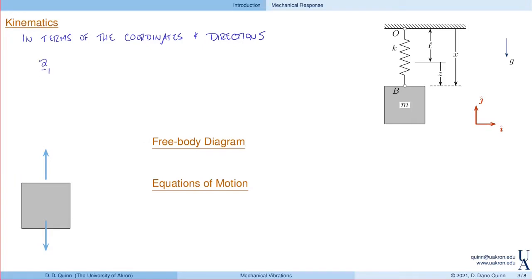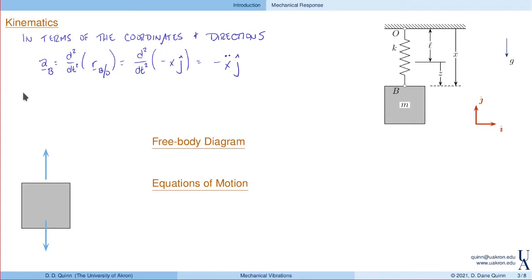The acceleration of the block is defined as the second derivative of the position, so the position of B with respect to O. That's going to be the second derivative of minus x in the j direction. Here, j is obviously constant, and so this becomes minus x double dot in the j direction. Dots indicate derivatives with respect to time.